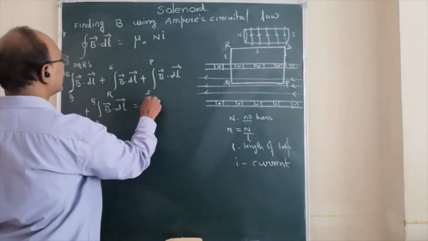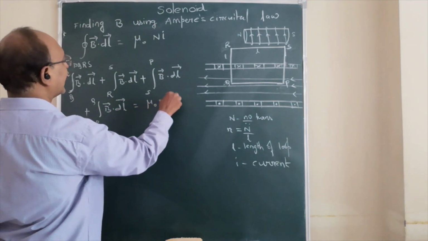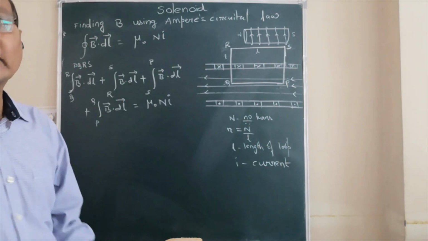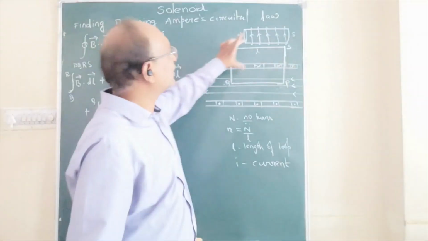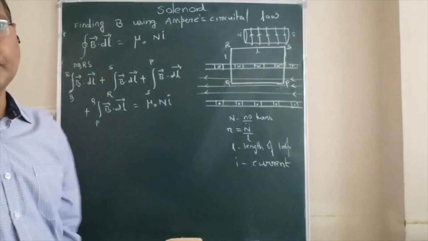So that is equal to mu naught N I. So we are splitting this into 4 parts, so for each side we can find it out.